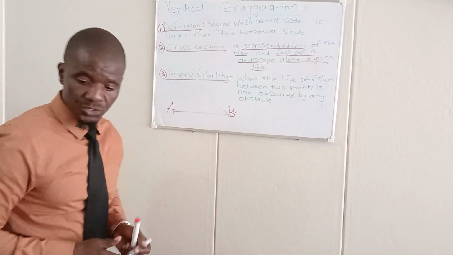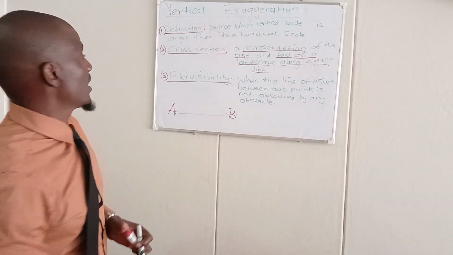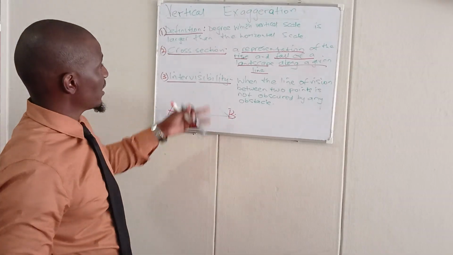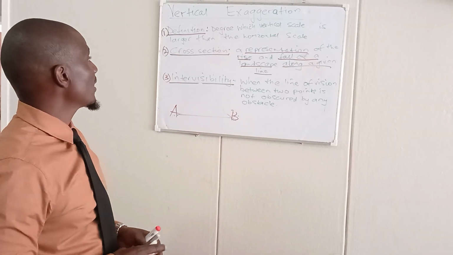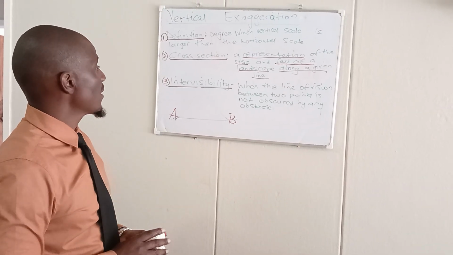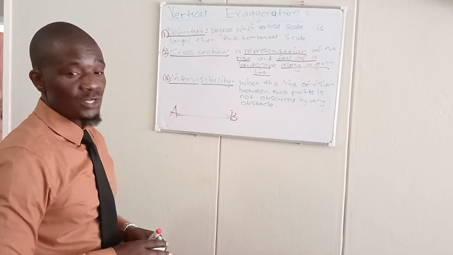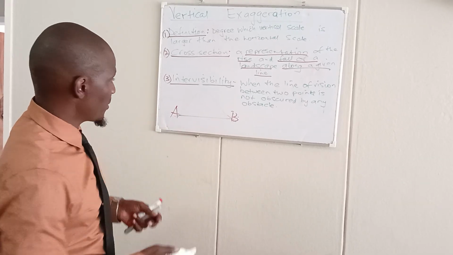So the next thing I'm going to do is demonstrate how you can calculate vertical exaggeration, how you can do your cross-section, and how you can analyze the intervisibility between two given points.